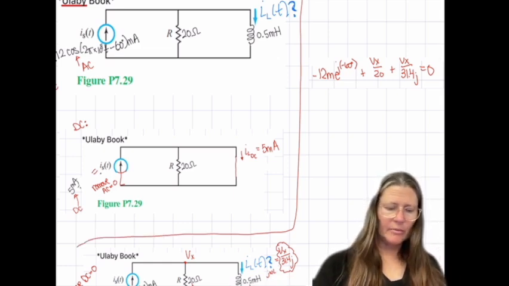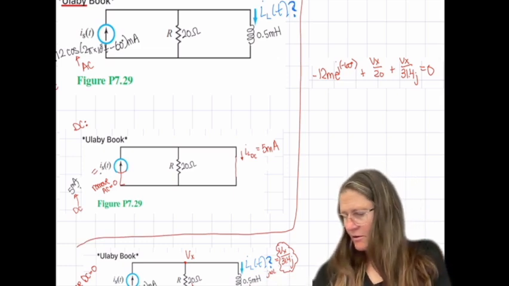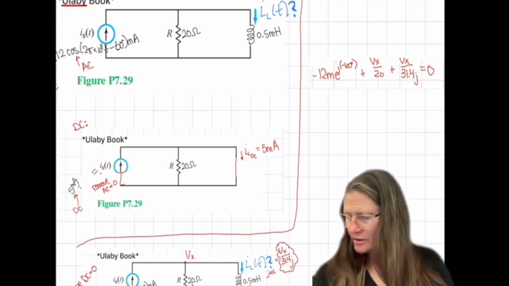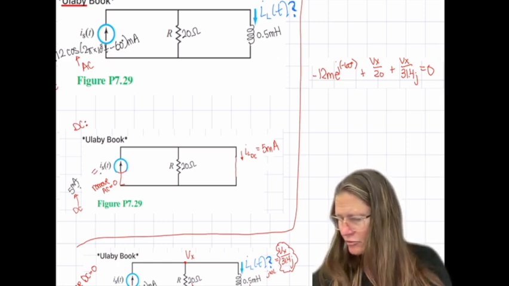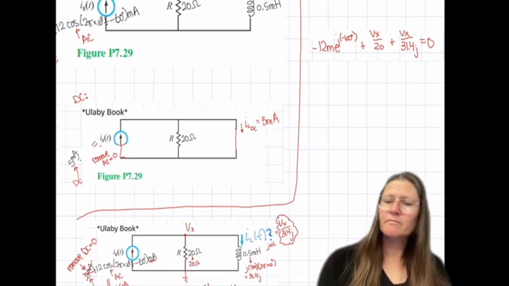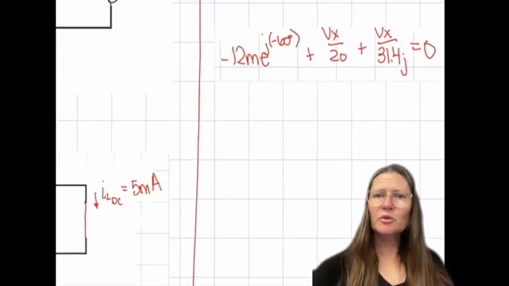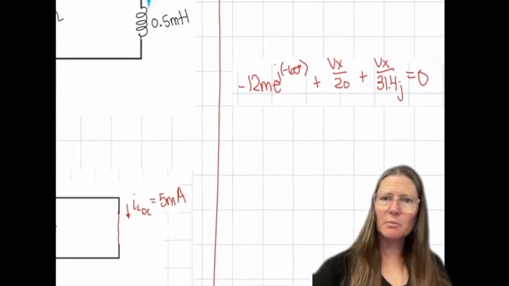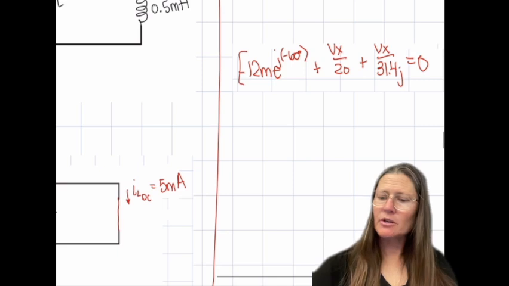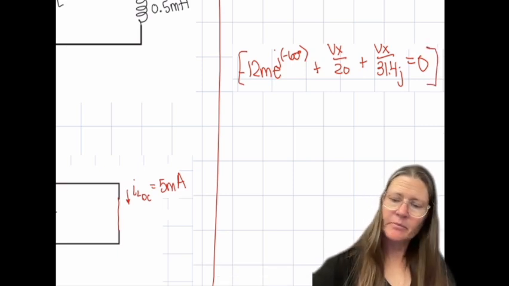I would do the same thing, and I can multiply by 20 and by 31.4 to get the common denominator.